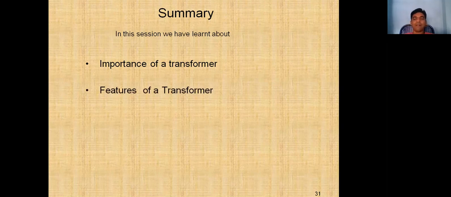And the features of a transformer. Simply, the transformer construction features: it has only two windings, a primary winding and a secondary winding. The flux produced in the primary winding cuts the secondary winding and EMF is induced in the secondary winding, by Faraday's law of electromagnetic induction and the mutual induction principle.